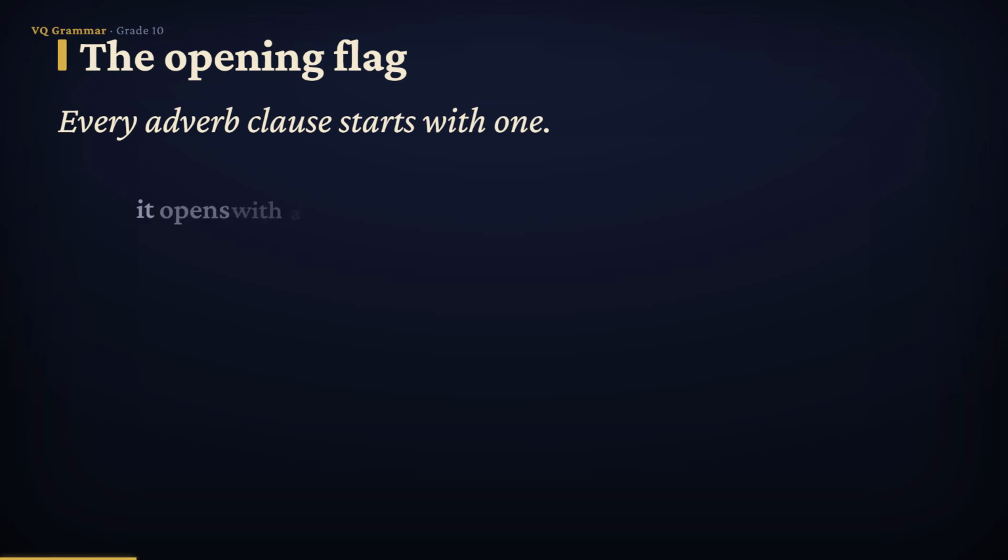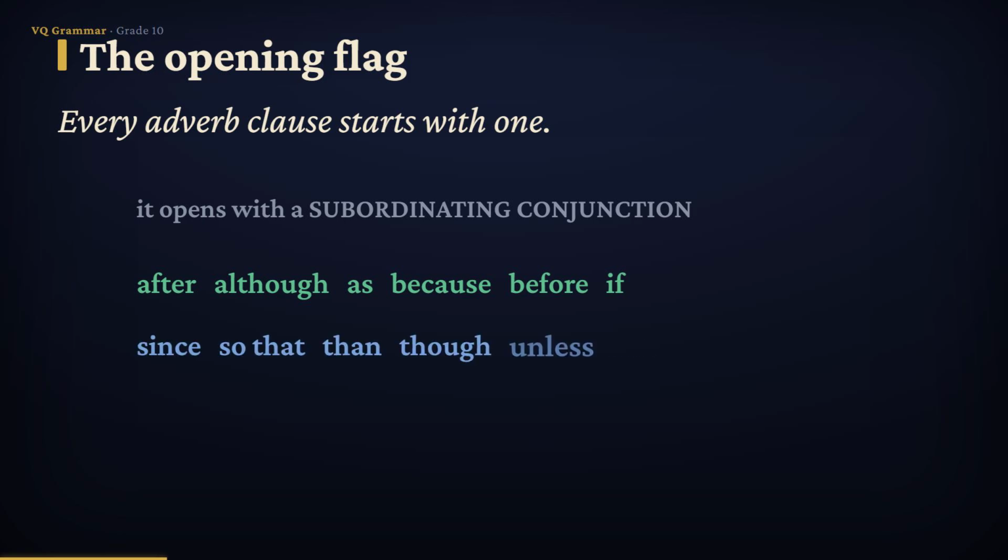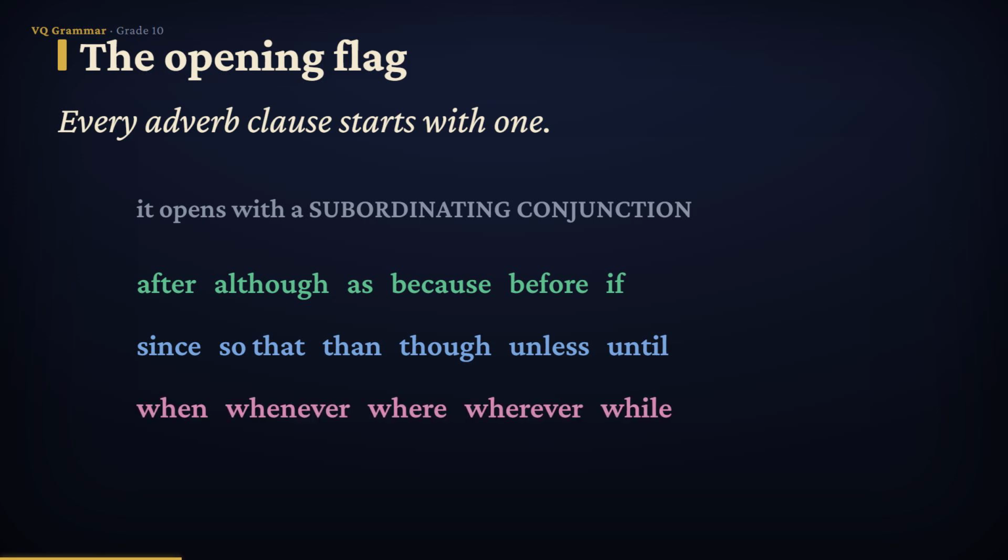Every adverb clause opens with a signal word, and you have already met them. These are the subordinating conjunctions from Lesson 11. Listen to the list. After, although, as, because, before, if, since, so that, than, though, unless, until, when, whenever, where, wherever, while.